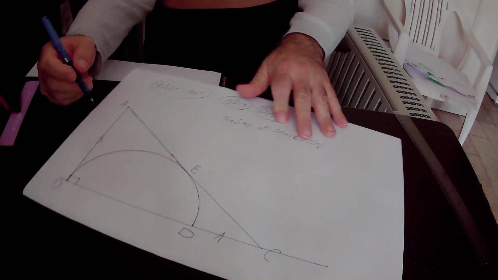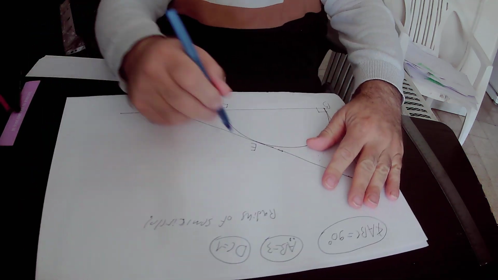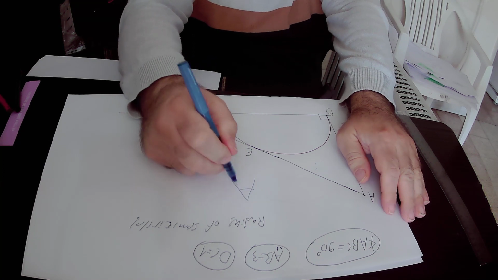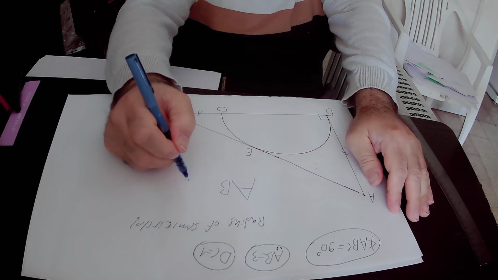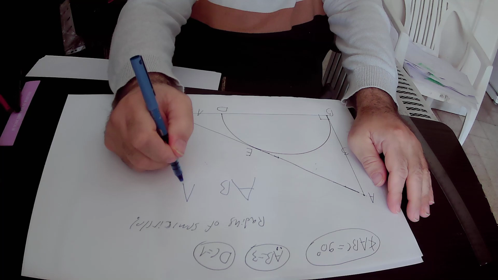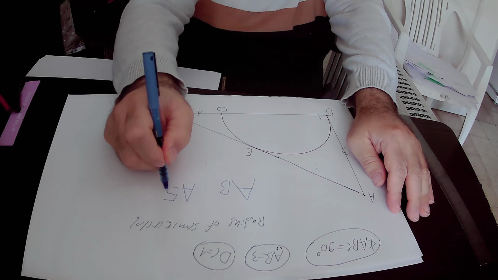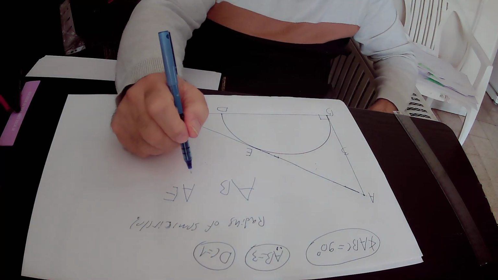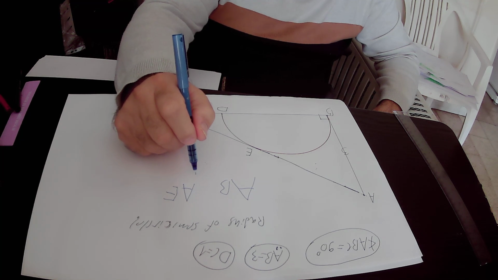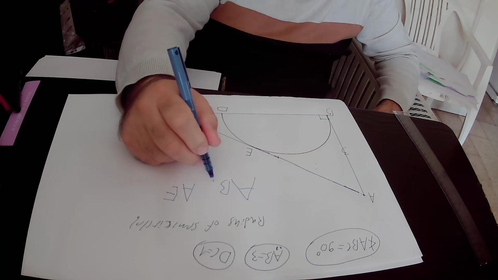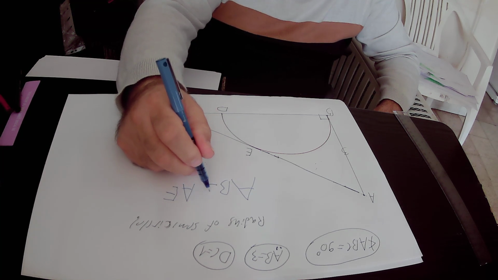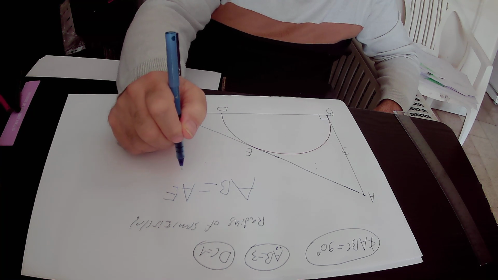And so we have tangent AB as the first tangent, tangent AE as the second tangent, and according to rule number 1, the lengths of those two tangents are equal to each other. That is to say, AB equals AE.